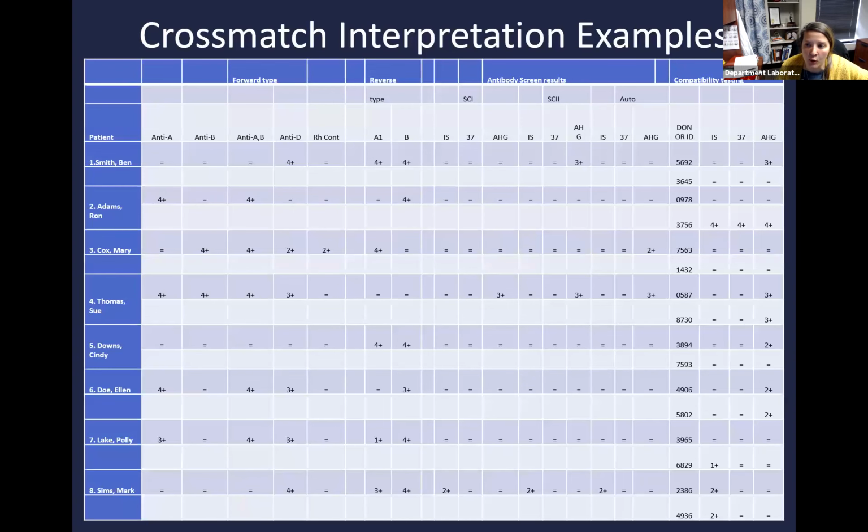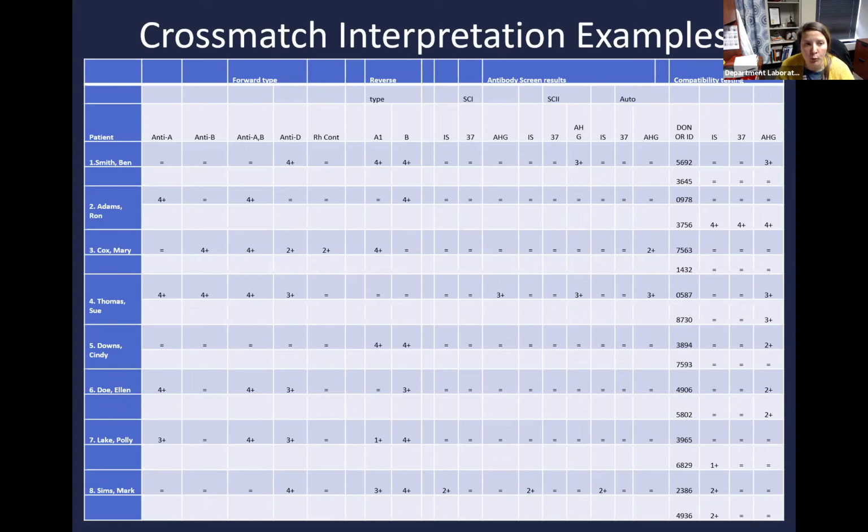And I wanted to go over these. These are taken from your lab, I think it was lab 9. And so I wanted to spend some time going over these just to make sure that you guys understand the difference between compatible versus incompatible and what can cause cases of incompatibility.